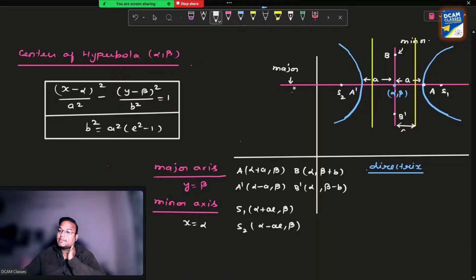This distance is A by E. This distance is also A by E. Shouldn't it be x is equal to alpha plus A by E and x is equal to alpha minus A by E?